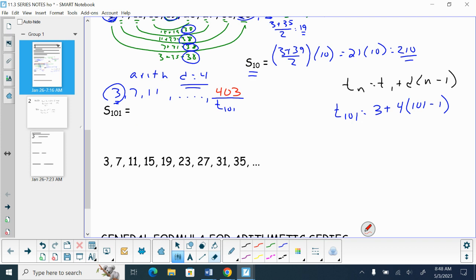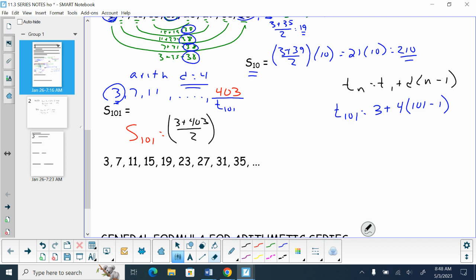So now I want to find the sum of the first 101 terms. I need to take the average of my first and last term. So I can average them: 3 plus 403 divided by 2 gives me my average. And then I multiply by how many terms do I have here?